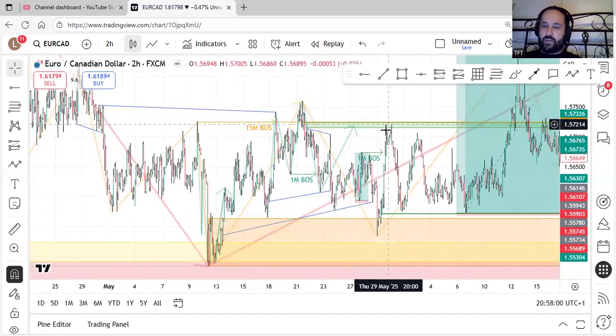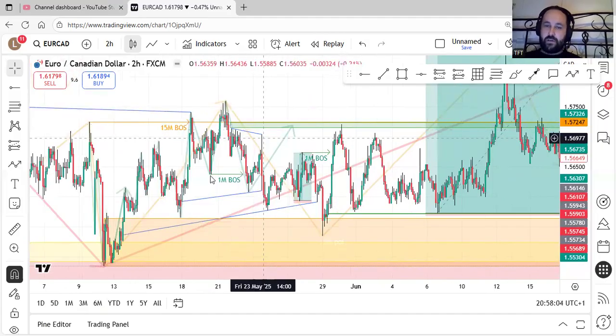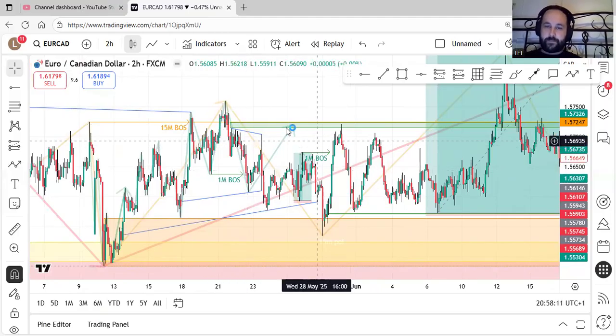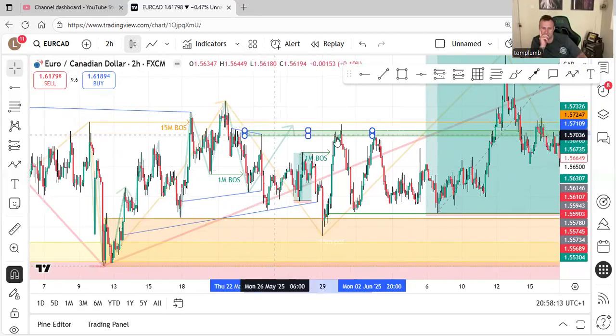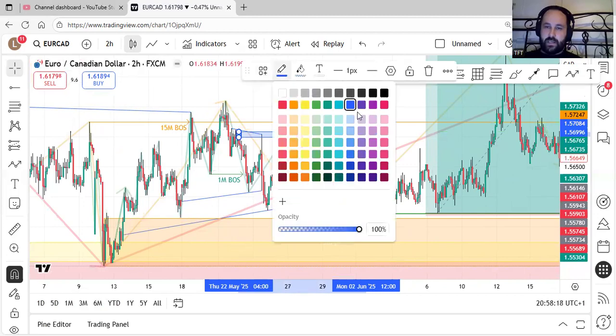So on this occasion, if that's the entry or this is the entry, it could be either, because I would say anything to the left of where my cursor is would have been a possible entry. So if it had been, say, that, let me just turn that to no extend and turn it green.